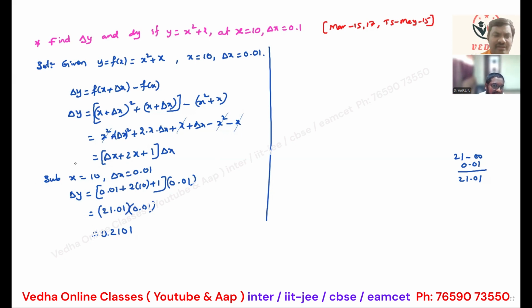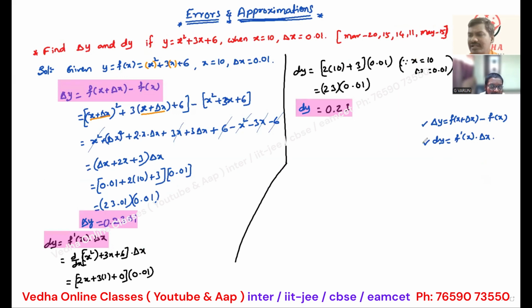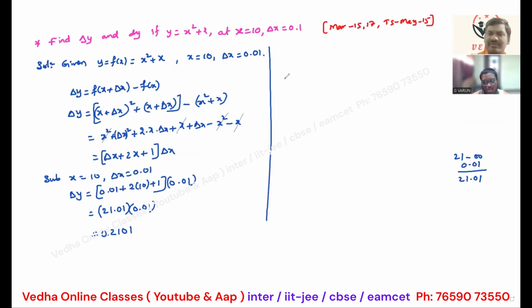After that, he is asking the dy value. What is the formula for finding the dy? Dy is equal to f dash of x into delta x.